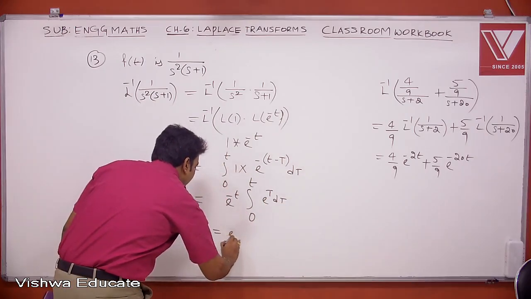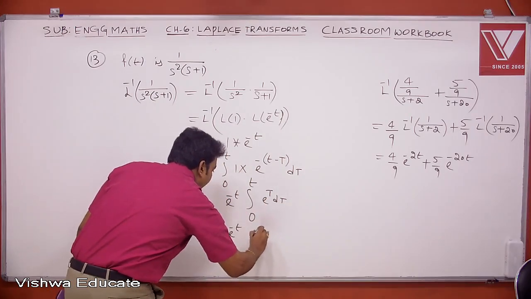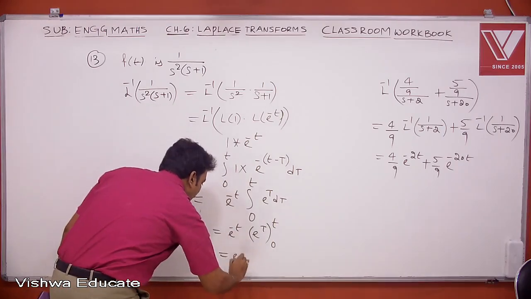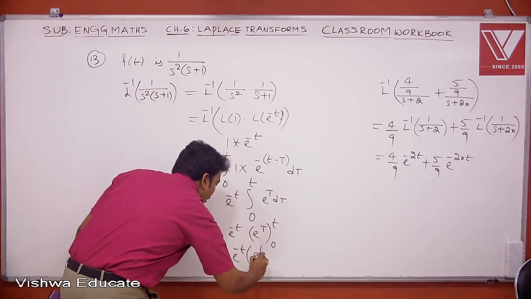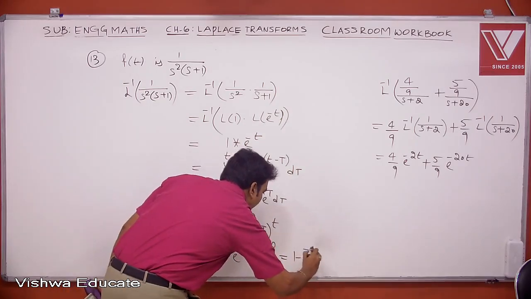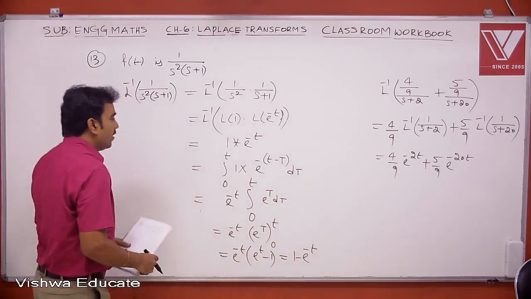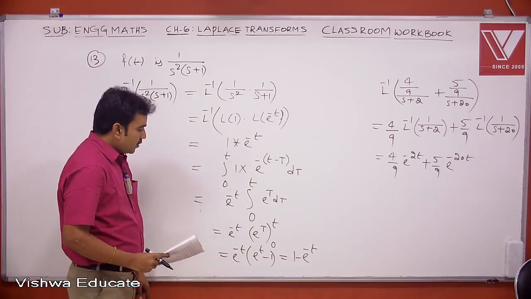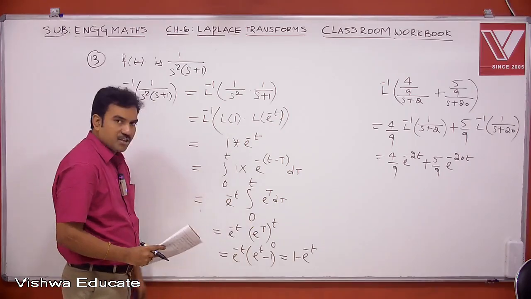So this is e power minus t into integral of e power T, which is e power T, limits from 0 to t. So this becomes e power minus t into (e power t minus 1). Therefore this expression is 1 minus e power minus t.